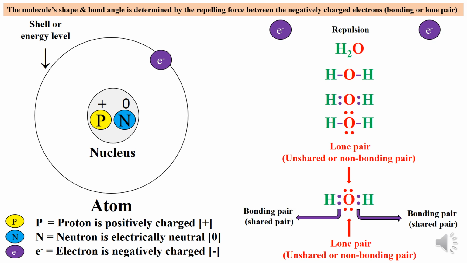And in the water molecule you find two bonding pairs of electrons, and they are so named because they participate in the chemical bonding process. And they're also called shared pair, as the electrons are shared between the atoms involved in bond formation.